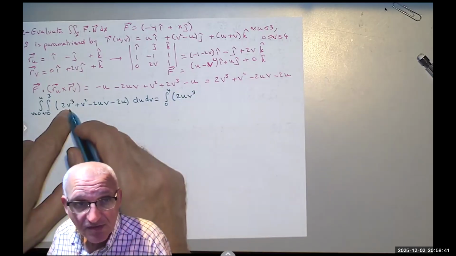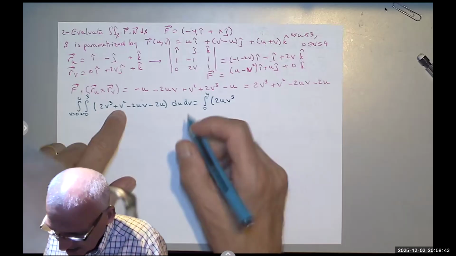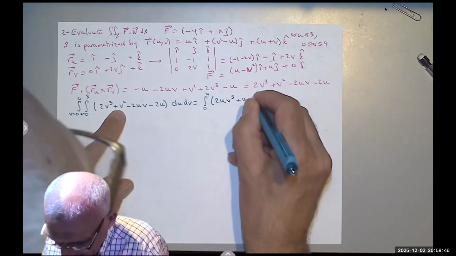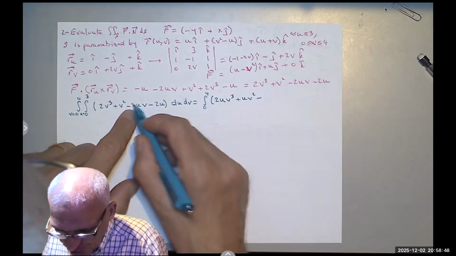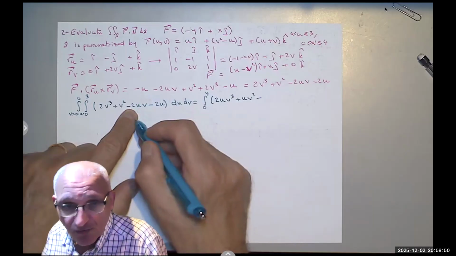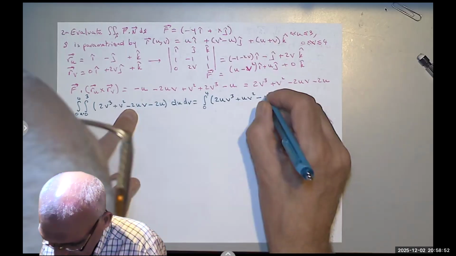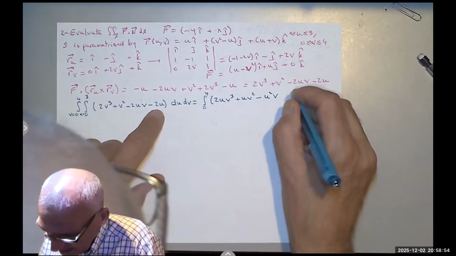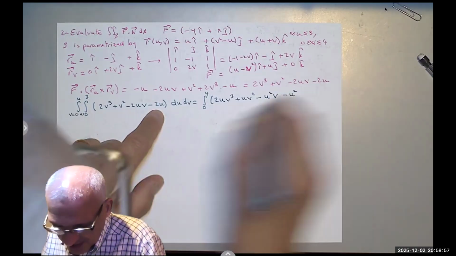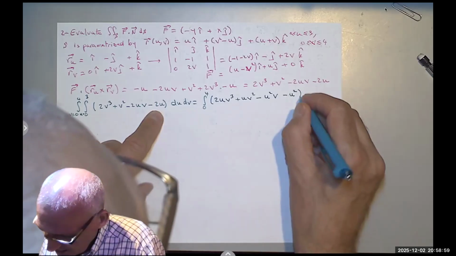Notice we are integrating with respect to u, so the v becomes a constant, plus uv squared minus 2u squared. Antiderivative is u squared over 2. The 2 and the 2 cancel, so minus u squared v minus u squared, dv.